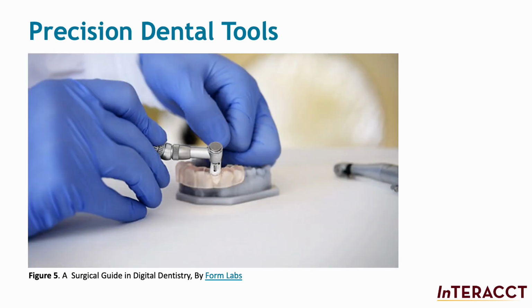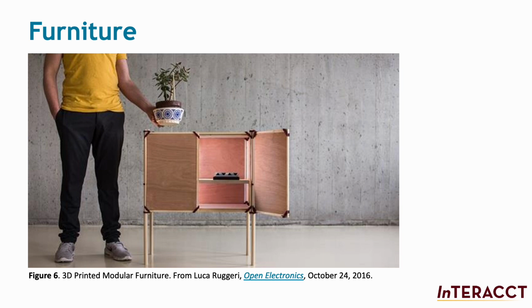In this image, an additive manufactured surgical guide facilitates a precision application of digital dentistry. The end result is greater accuracy in placement and higher quality outcomes of complex dental procedures like dental implants. This image shows a 3D printed modular furniture cabinet.